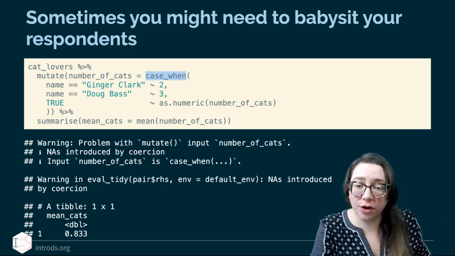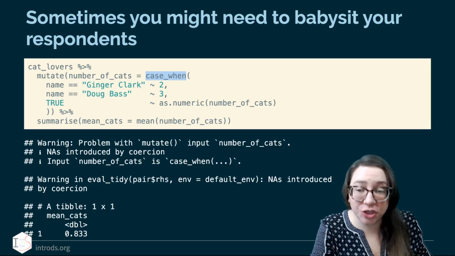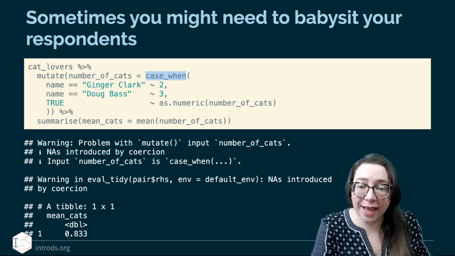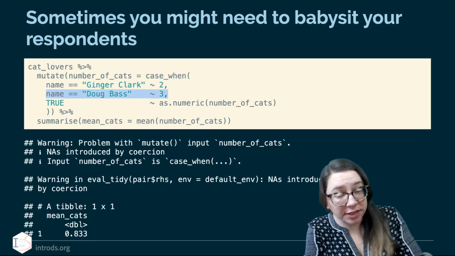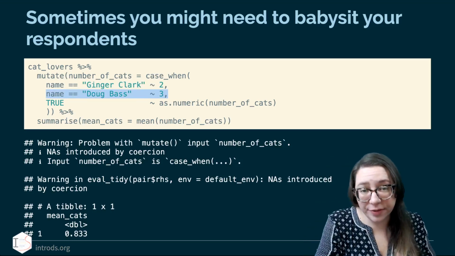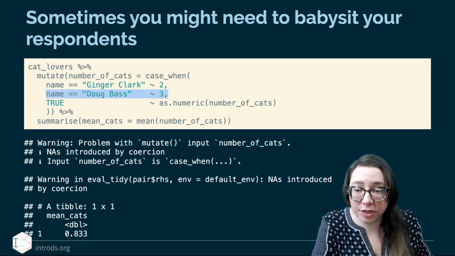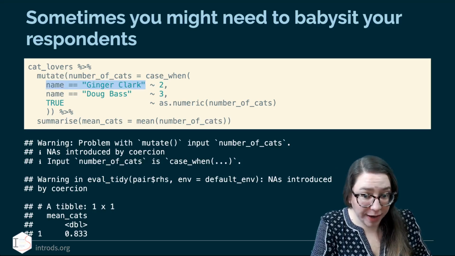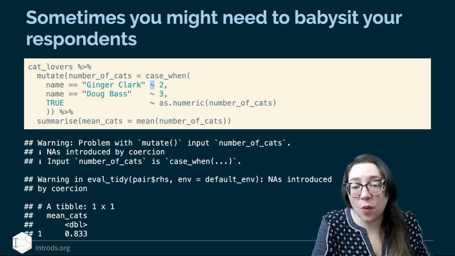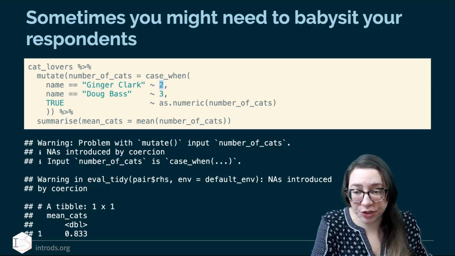The way it works is case when is a function, and this function can take on as many arguments as you like, separated by commas, and each of these arguments is a condition and what should happen when that condition holds true. First we give the condition, then we separate it by a tilde, and then we give what should happen if that condition is true.